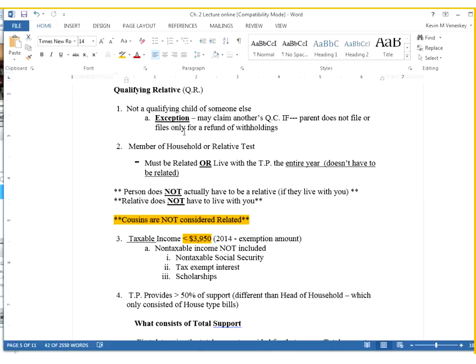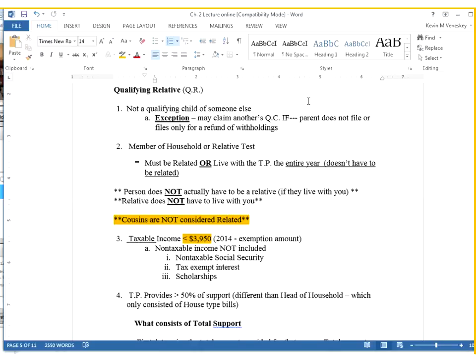Let's see, some of the main items that I wanted to hit here. The first: the individual cannot be a qualifying child of somebody else, even if they don't claim them. If they qualify as a qualifying child, you can't claim them as a relative, with one big exception. The exception is if that individual who does have a child doesn't have to file because of income limits. Remember back to those spiral pages. If somebody was single, under 65, and made less than $10,150, then they don't have to file.